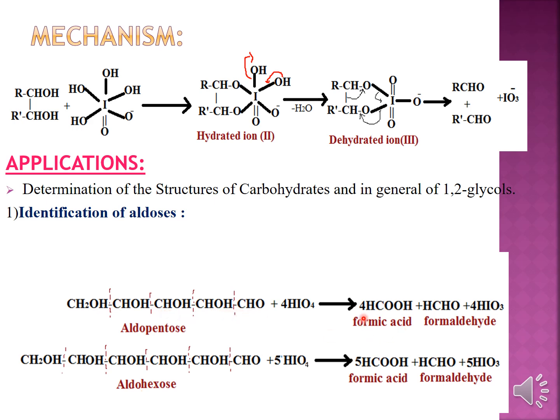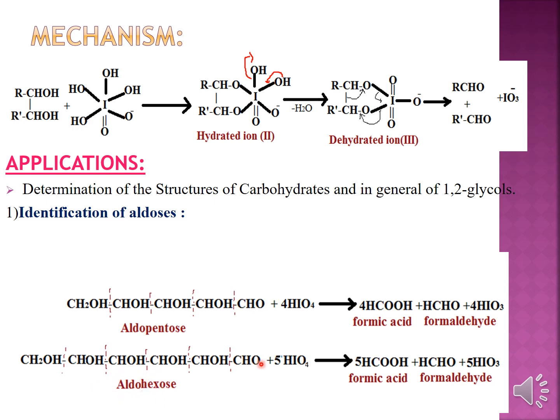If you count the carbon atoms, there are 1, 2, 3, 4 and 5. Similarly, 4 carbon atoms are present in the formic acid and 1 in the formaldehyde. The reaction is balanced. With the consumption of 4 molecules of periodic acid, you are oxidizing it to 4 molecules of formic acid and 1 of formaldehyde.